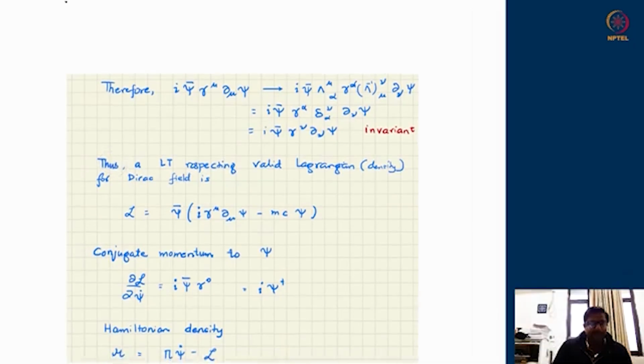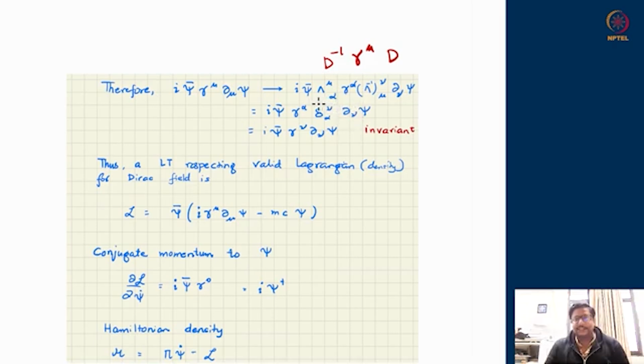So yes, as we can see, the kinetic term, the D inverse gamma mu and D which was appearing, has now been written in terms of this lambda mu alpha gamma alpha, and already there was a lambda inverse nu mu which was coming from the transformation of the partial derivative.